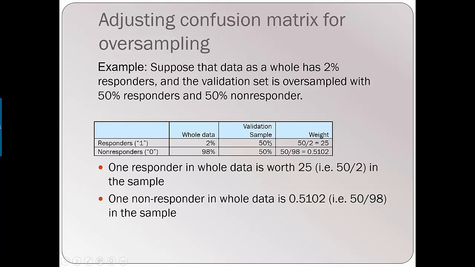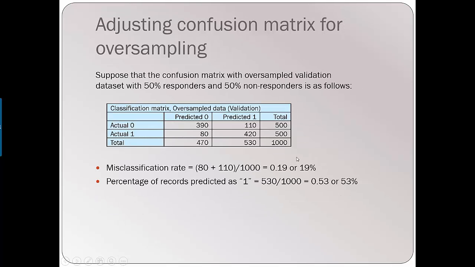So validation sample is 25 times greater in weight than the actual data for the responders, and for the non-responders, it is only about 51.02% of the actual data. So once you have these weights, then we can use the weights to adjust our classification matrix.